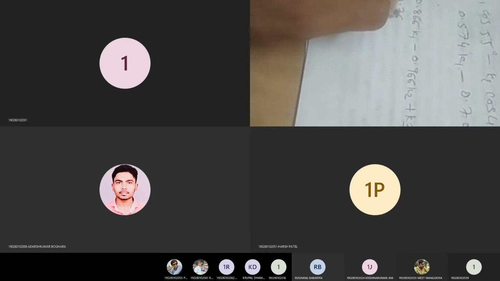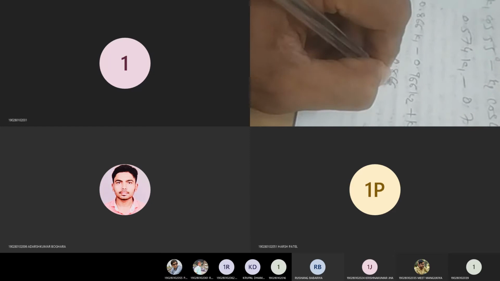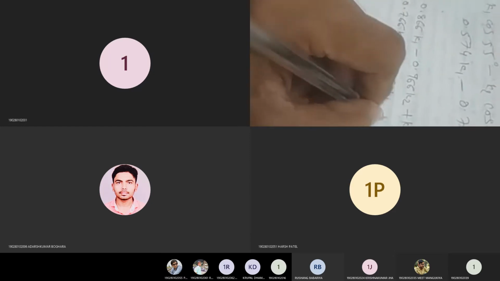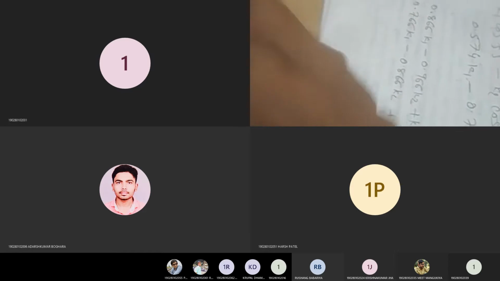Simultaneously 0.766 K1 minus 0.866 K2 plus K3 is equal to 0.985.